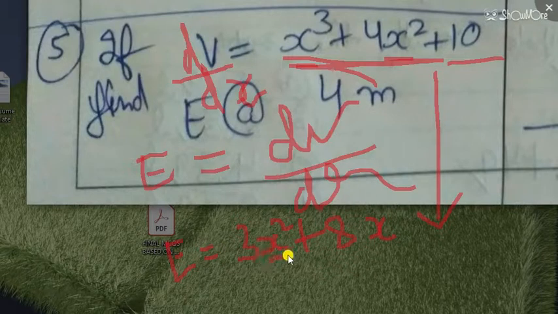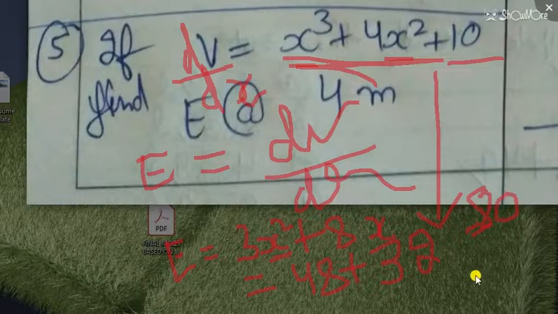So 4 into 4 is 16, 16 into 3 is the 48. So 48 will be here, and plus 8 into 4 is the 32. So 32 plus 48, so 80 Newton per coulomb will be the answer for this question.